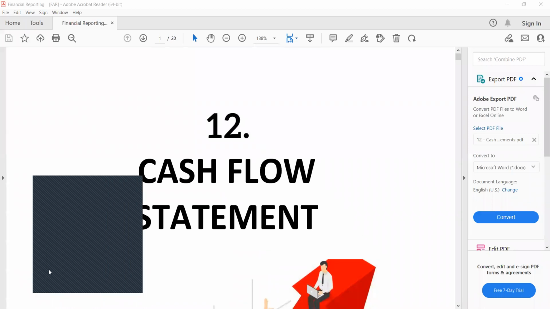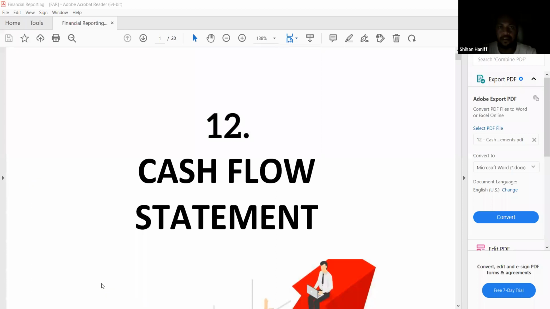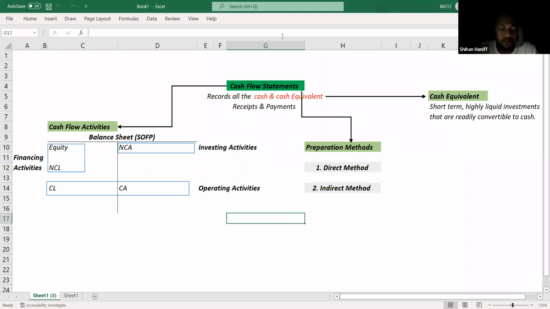In this, you need to understand some basic things. If you understand the method, the steps, then this is very simple. So let me come to the introduction part.